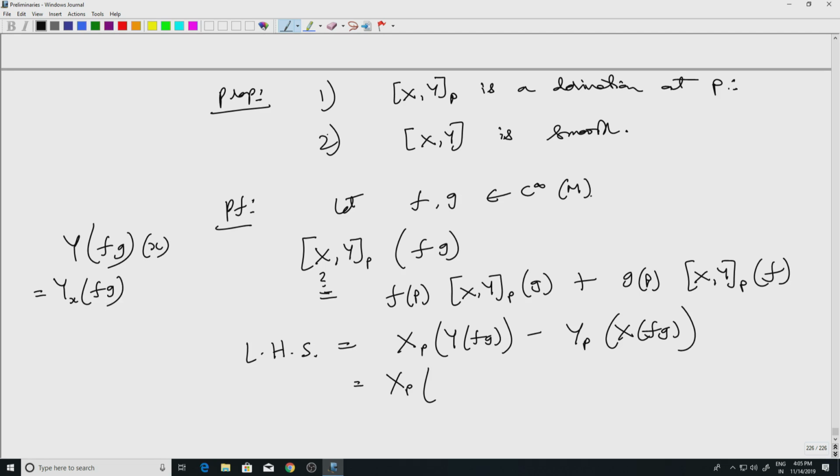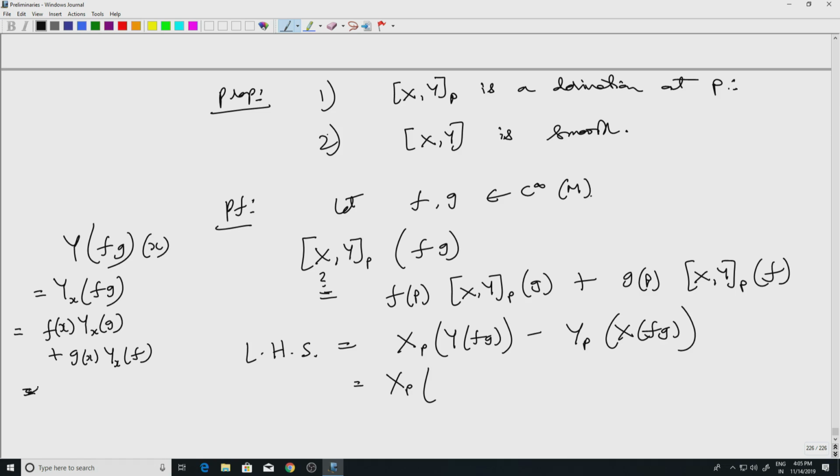And now once I take an x, this is a tangent vector, and then I use the derivation property for this. So this would be f of x Yx g plus g of x Yx f, which I can write as now.